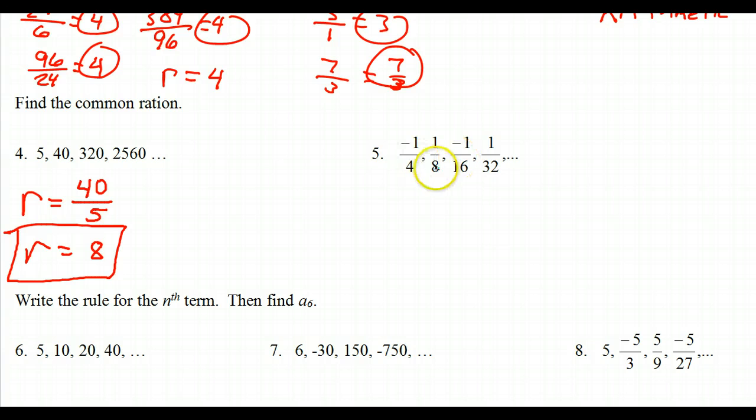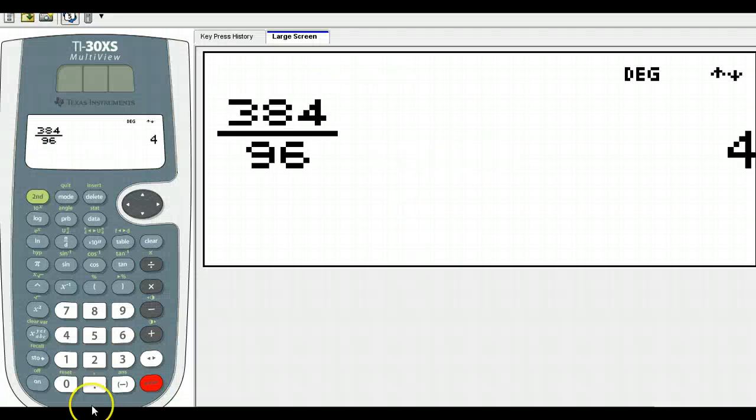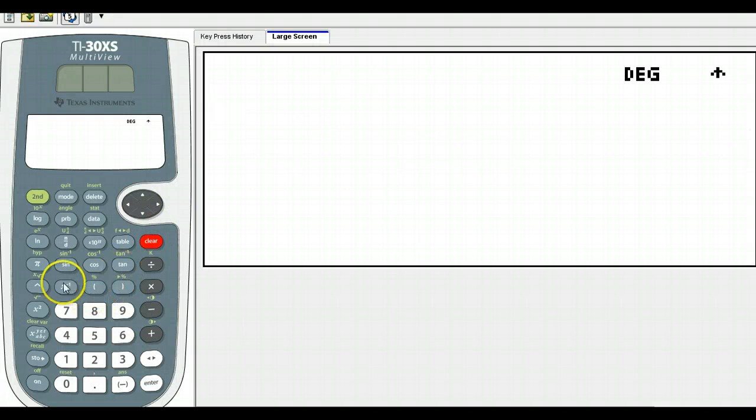Okay, this is a little bit more awkward, but with a little help from the TI-30XS Multiview, this will not be a problem either. Because we can just take any term, like 1/8, and divide by the previous term. In this case, -1/4. Now, you can do this in the calculator if you need to.